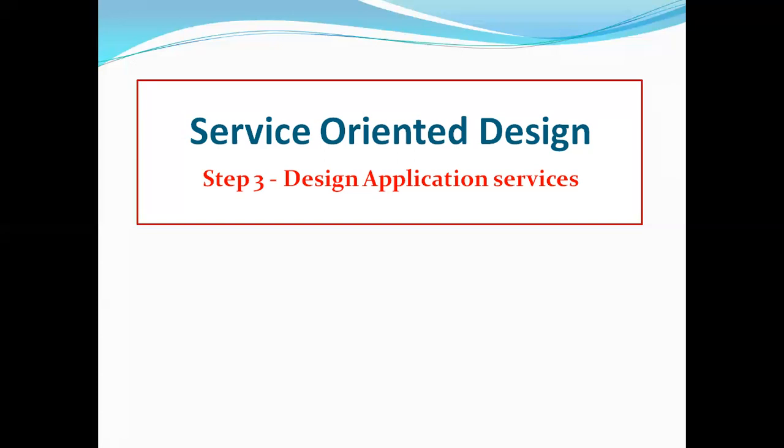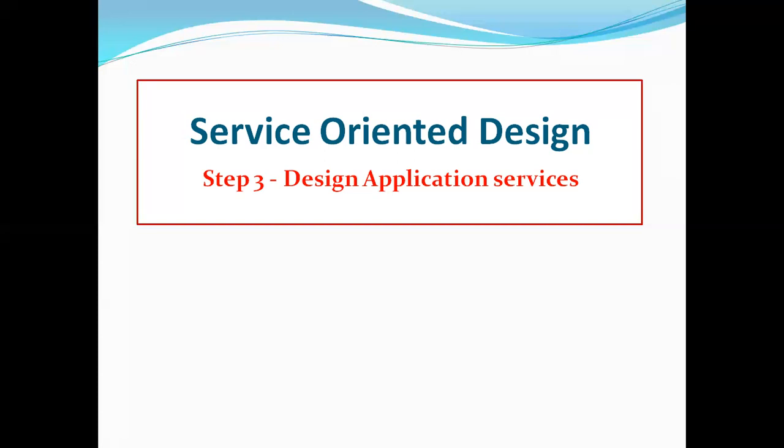So let us see the step-by-step process of designing the application services. We have already covered two steps. The first step of service-oriented design is compose SOA, and the second step is designing entity-centric business services.